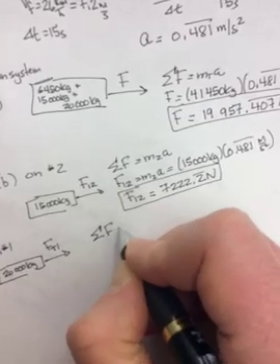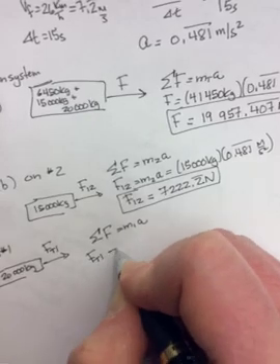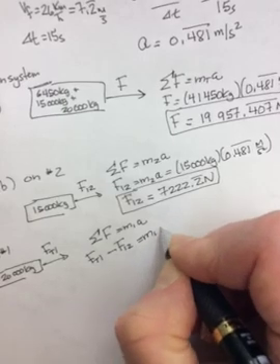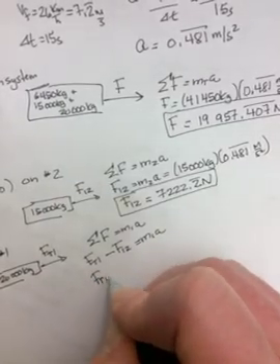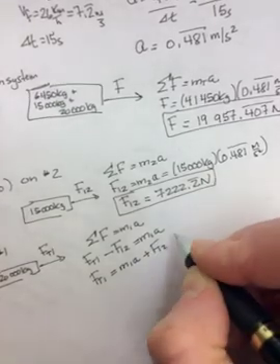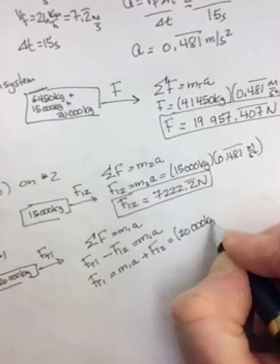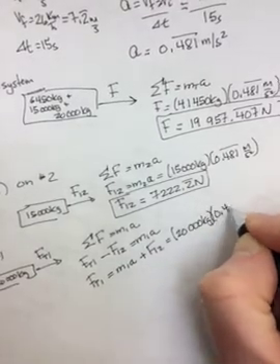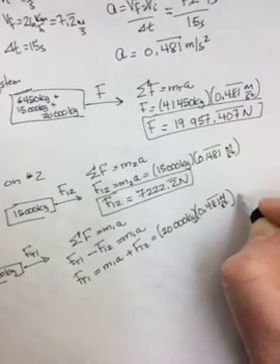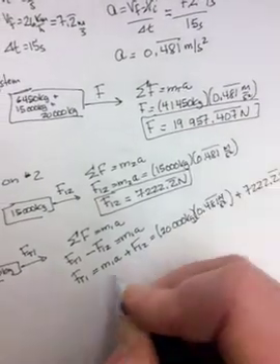So when we do sum of the forces is equal to M1A, it'll be F of the truck on 1 minus F12 or 21, it's the same thing, will equal M1A. So you're looking for the truck on number 1, it'll be M1A plus F12. M1 was 20,000 kilograms, A was 0.481 meters per second squared, and that's repeating, plus this 7,222.2 repeating.